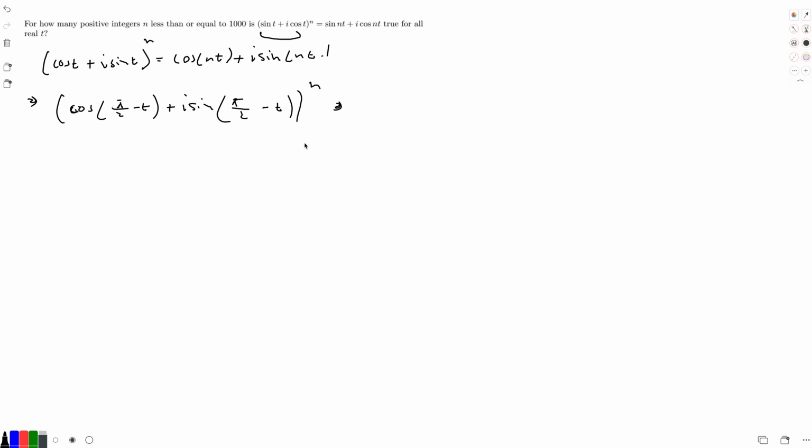Now we can apply de Moivre's formula to get cos(nπ/2 - nt) + i sin(nπ/2 - nt). This is good.